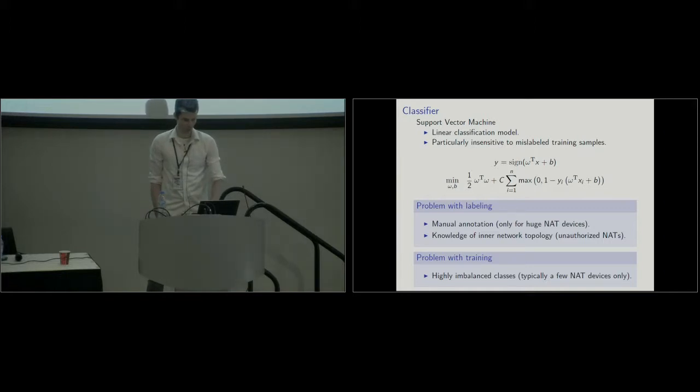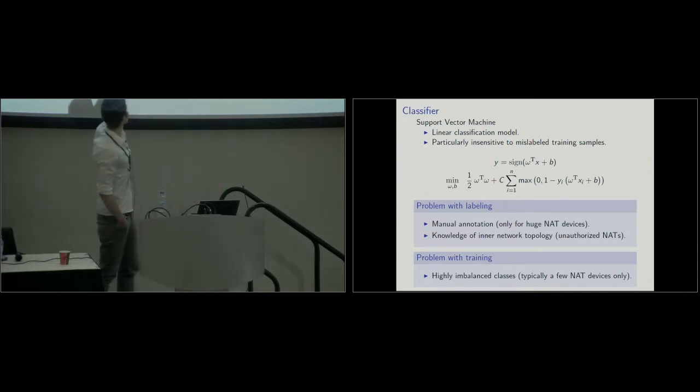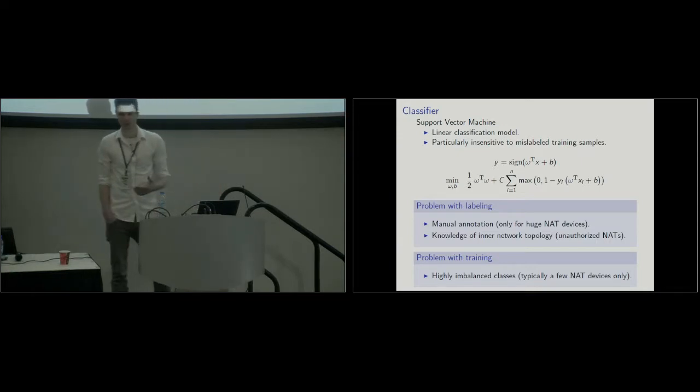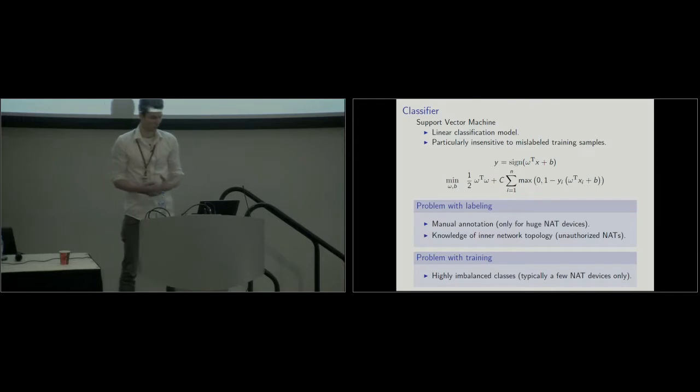And in order to learn this decision rule stated in the first equation, we have to solve the optimization problem in the second equation. But this equation requires labeled data, the x_i and y_i. The data itself is very easy to obtain because we can just collect the data on a proxy server.